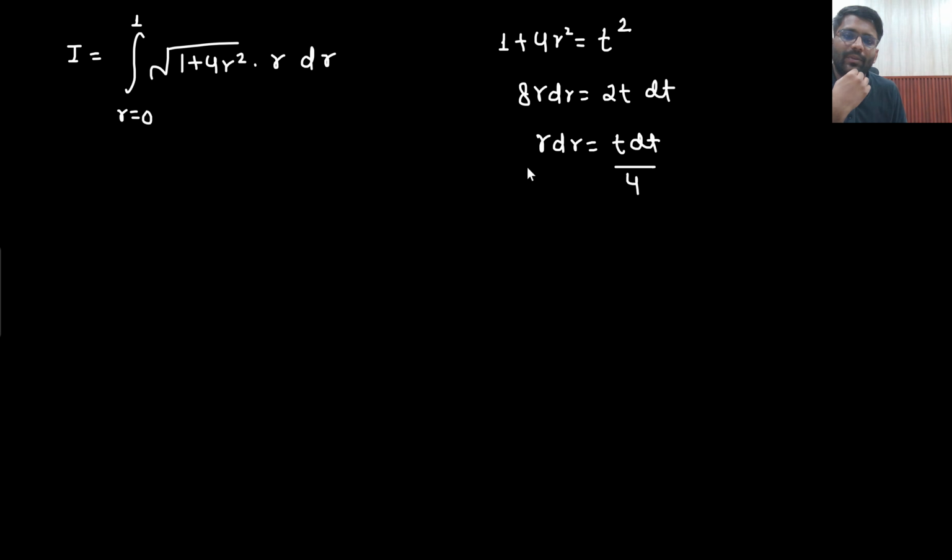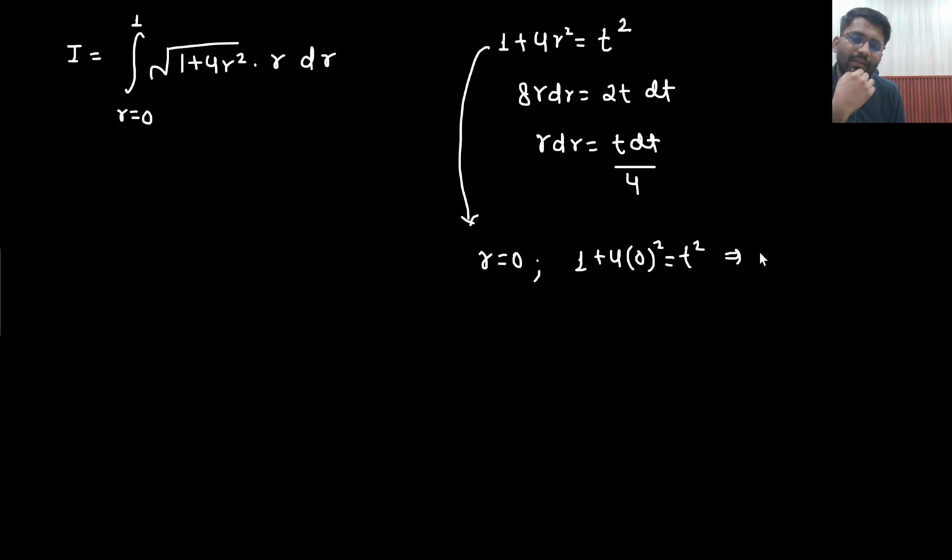Yes. So what will be the value here? If r is 0, then 1 plus 4 into 0 square equals t square. Value of t square equals 1, so t will be plus minus 1. So what will I take? I will take the positive value. R is going from 0 to 1, so here also I will take the positive value. T will be equal to 1.